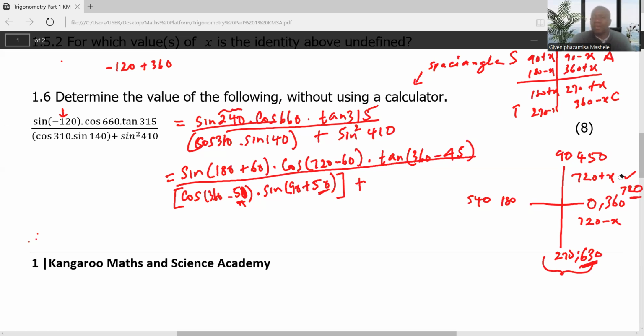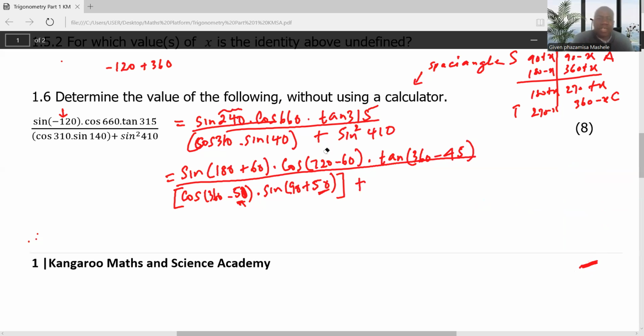Okay, then we're going to do this. Remember, if we have sine squared, this will always be positive. So you're going to have sine, and I'm going to put the squared, the 2, for this one. So I'm going to say sine, and remember I have to reduce this to have 50. Why 50?